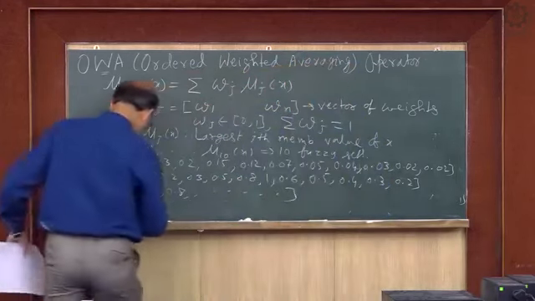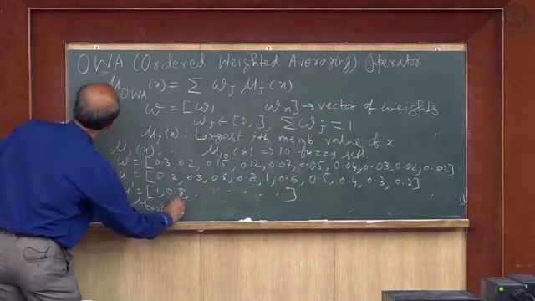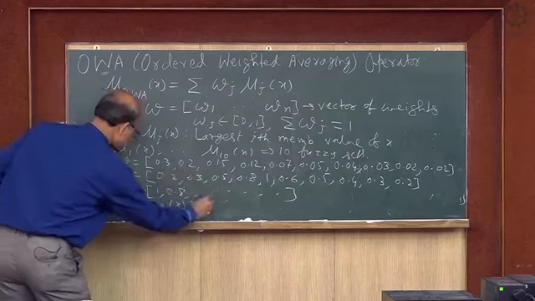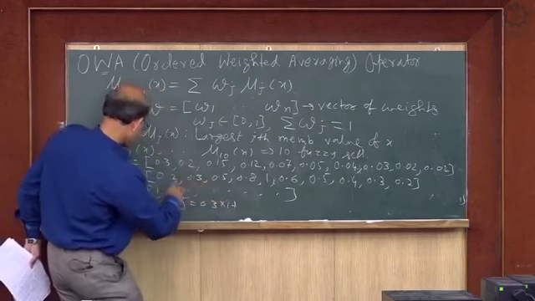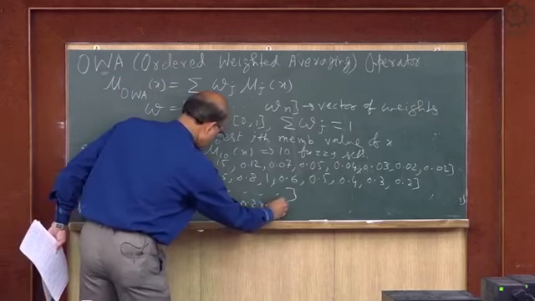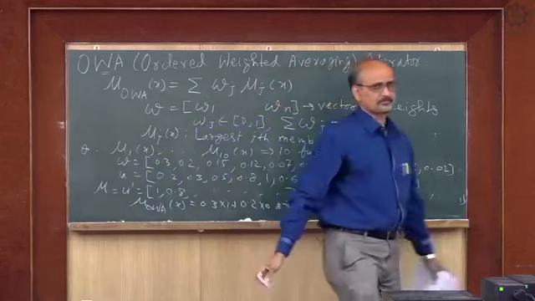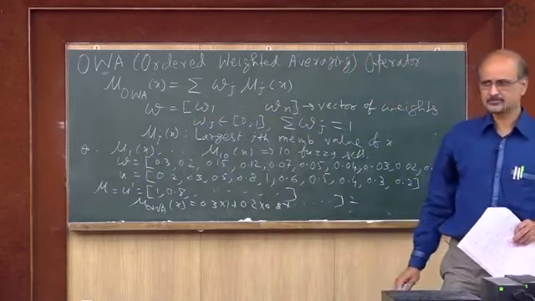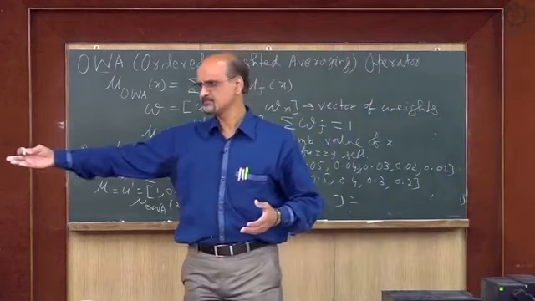So our mu OWA x will be first 0.3 into 1 plus 0.2 into 0.8 plus other values. So whatever you get after this solving, okay. So it is very easy to find. Suppose I have different fuzzy sets given.